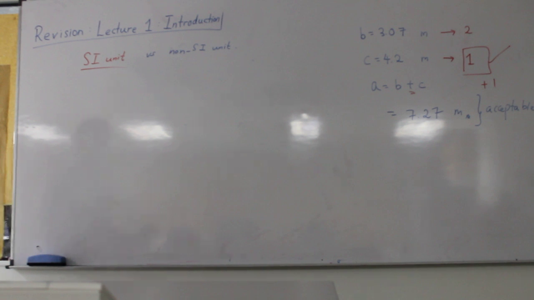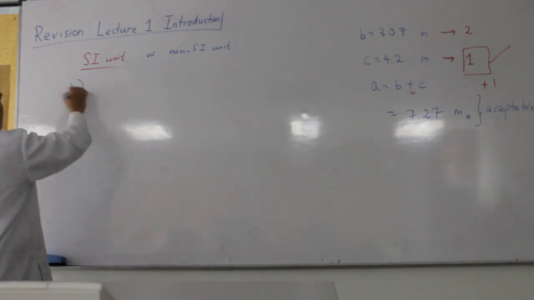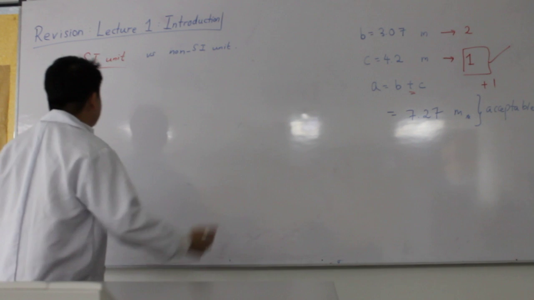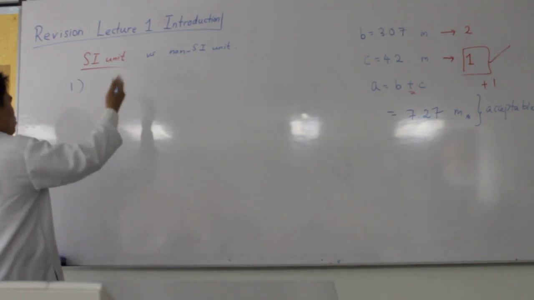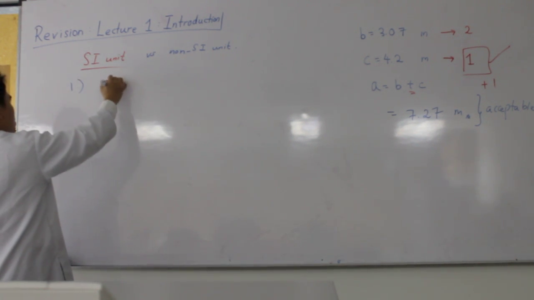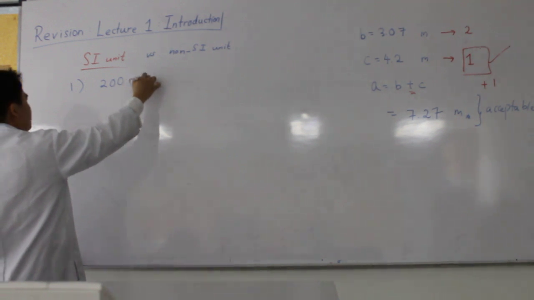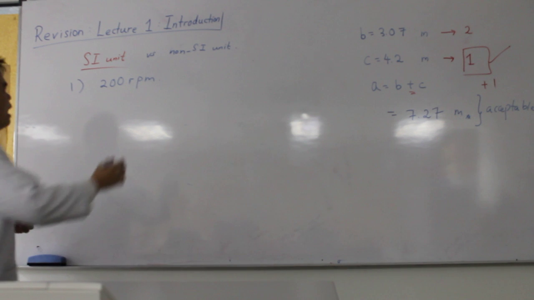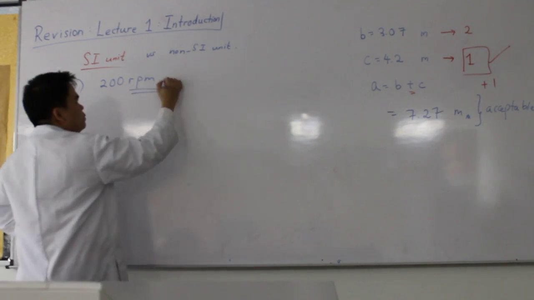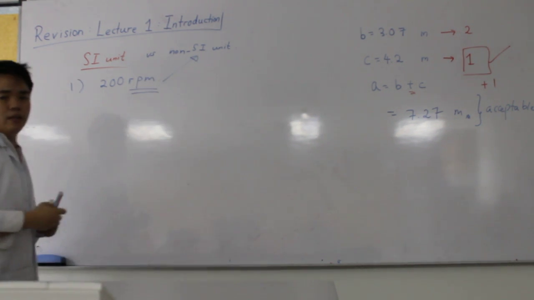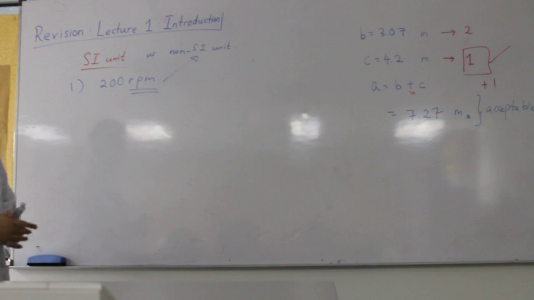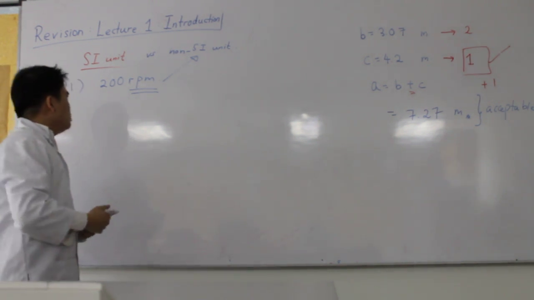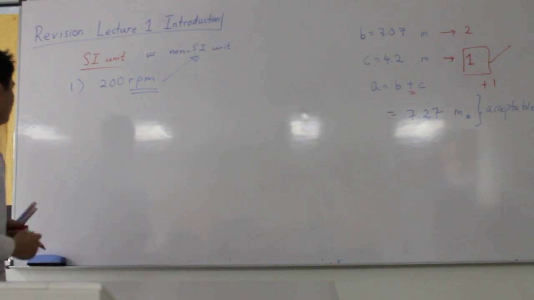A common mistake, let's say, in the rotational motion, we always say that the car is moving at 200 RPM. So this 200 RPM, definitely the RPM here belongs to non-SI unit, and we need to convert to SI unit in order to complete all those rotational motion related equations.